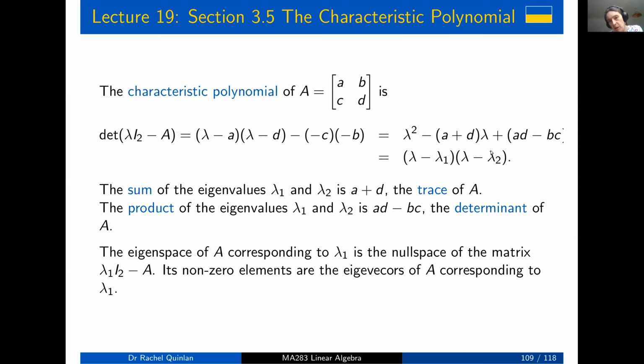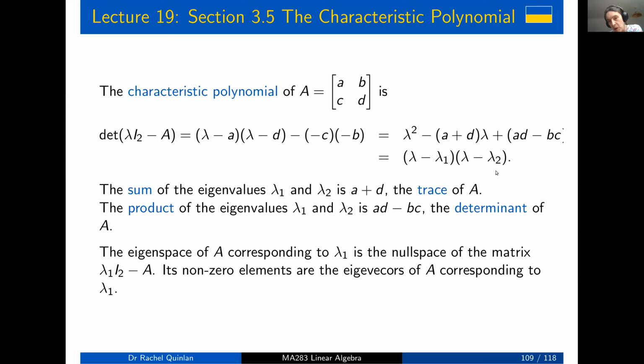Now, if we think about this polynomial as being a polynomial whose roots are the eigenvalues of A, as we know it is, then if lambda 1 and lambda 2 are the two eigenvalues, the polynomial can be written as lambda minus lambda 1 times lambda minus lambda 2, lambda 1 and lambda 2 being the two roots.